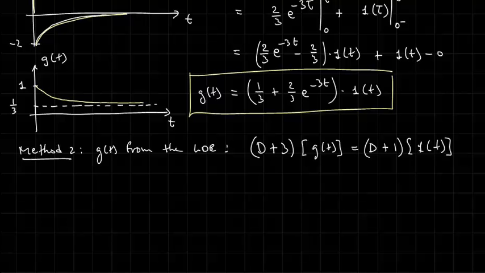Now this is a little tricky to solve, and the reason is that there is a derivative on the driving side. There are at least two ways to solve this. One is to recognize that if you take the derivative of the unit step, you have an impulse.